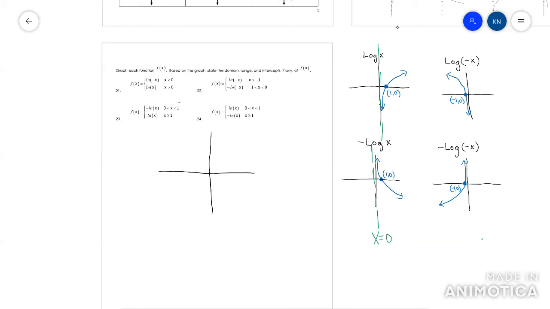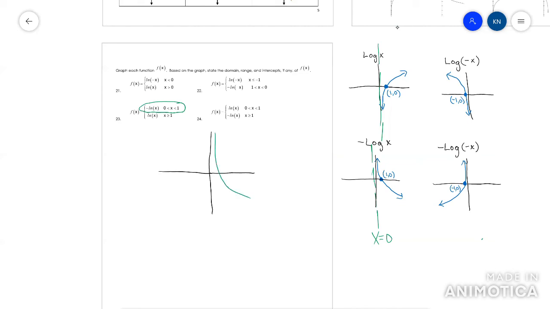Let's do the first one. The break's going to happen at 1. So over here now. Okay. We're having technical difficulties. That's okay. All right. So the first one is a negative ln, which is going to take this shape right here. And so it's going to look something like this. But remember, I have to stop at 1.